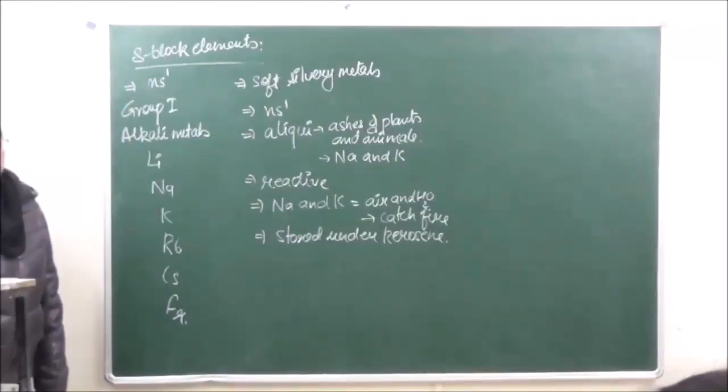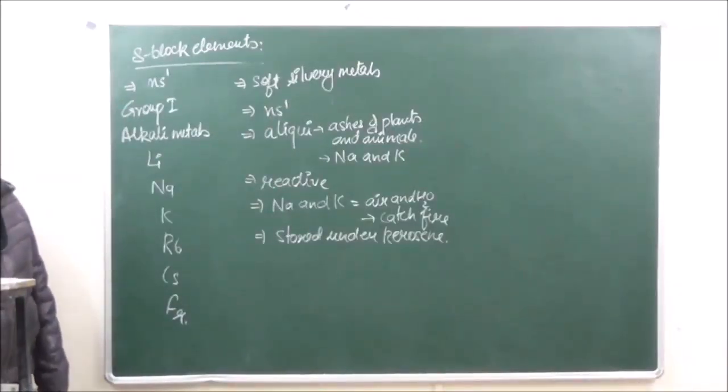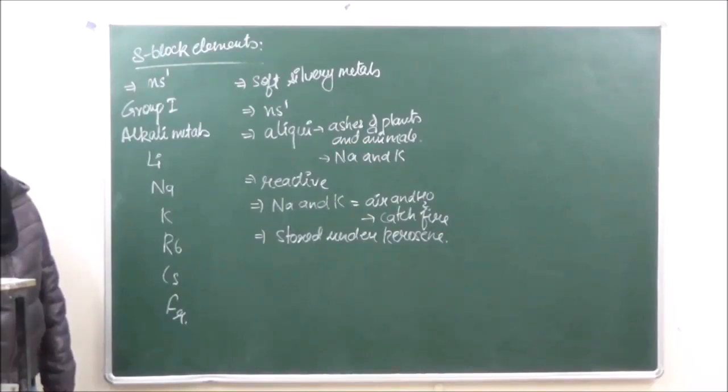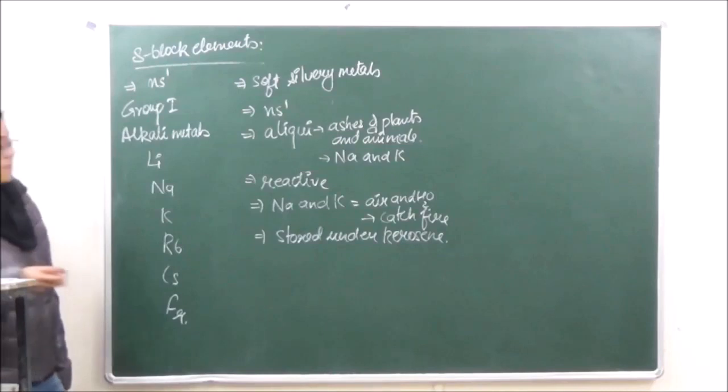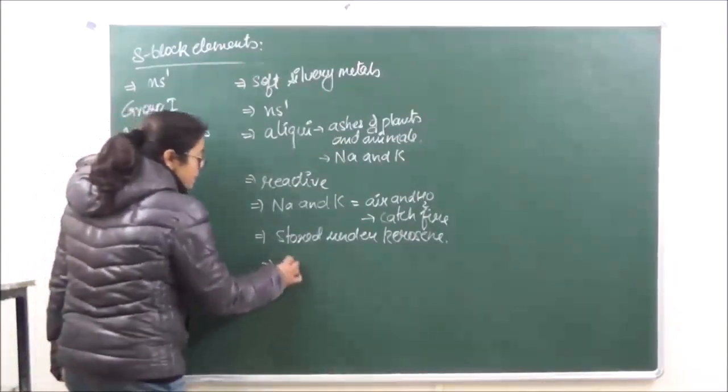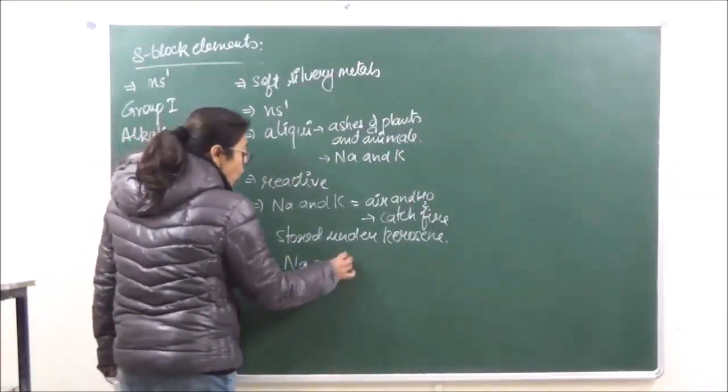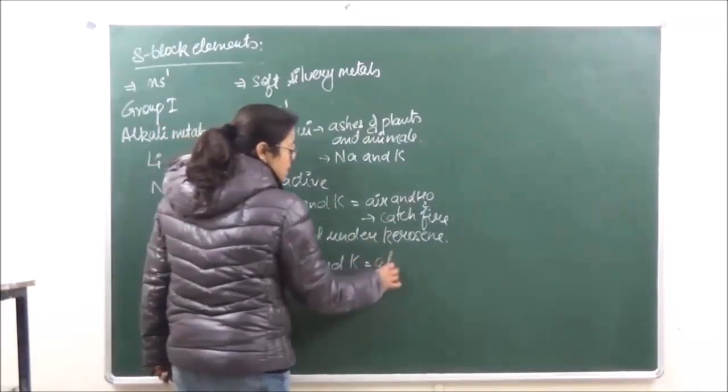They are stored under kerosene because of their high reactivity with air and water. Of all alkali metals, only sodium and potassium are going to be found in abundance. The rest are all found in traces.